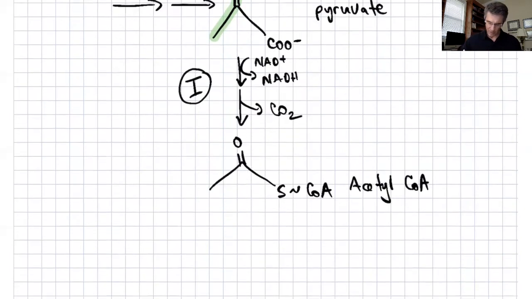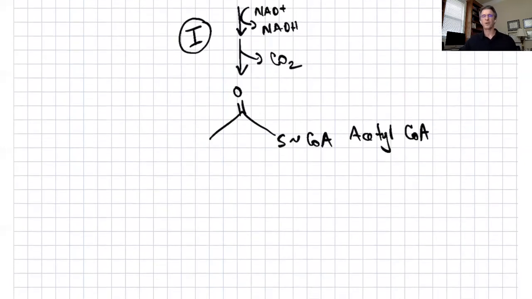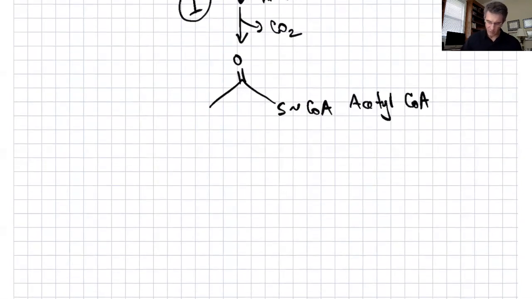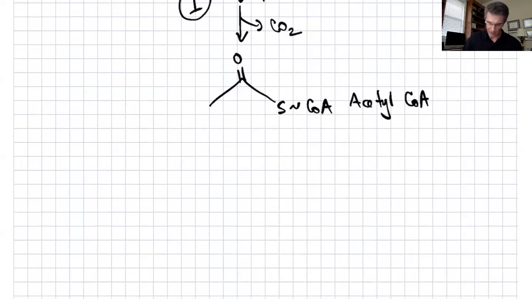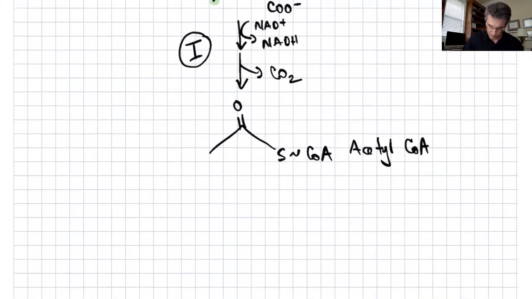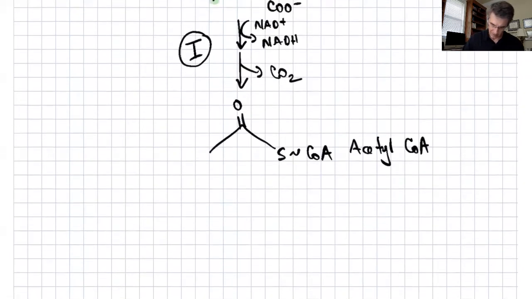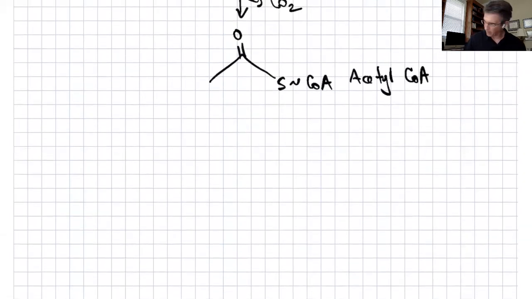Phase two of the cycle is really the entry point. That's just getting us set up, because we need those activated acetyl groups to really get things going. What happens now is we're going to take a dicarboxylic acid known as oxaloacetate.